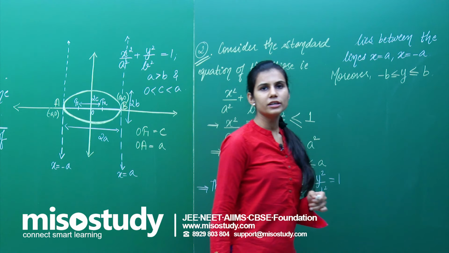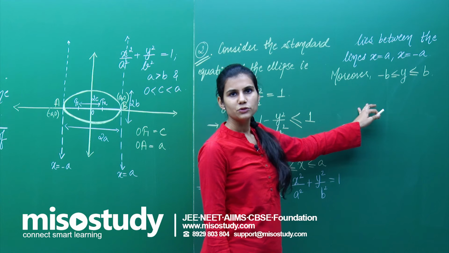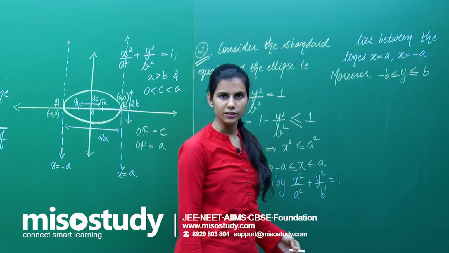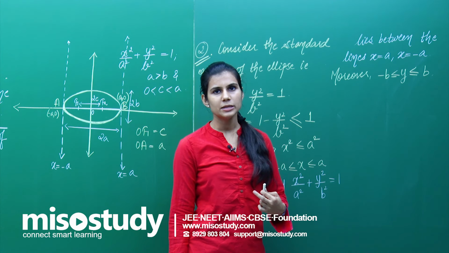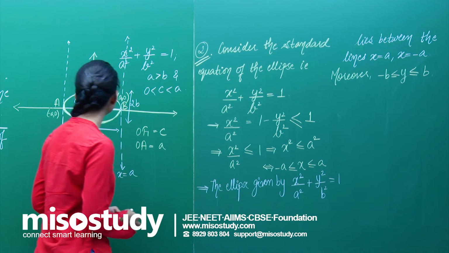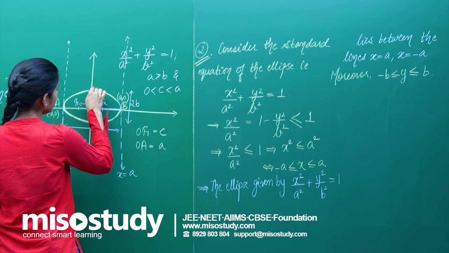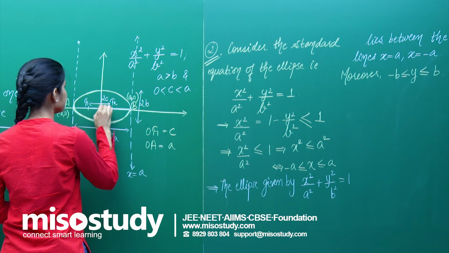That means the y coordinate of all the points lying on this ellipse is lying between minus b and b, minus b included. No y coordinate can ever be less than minus b lying on this ellipse, and no y coordinate can be greater than b. So in here, that means the y coordinate of the points is coming from minus b to b.